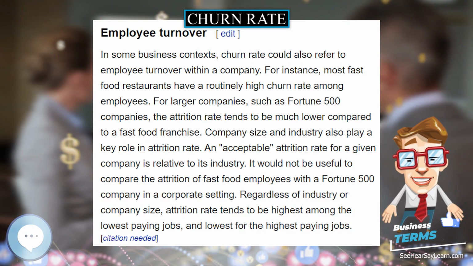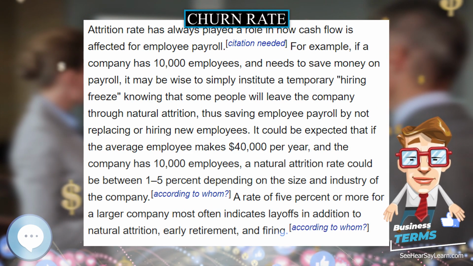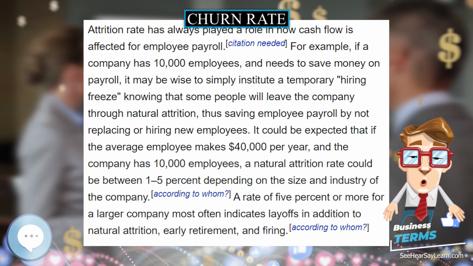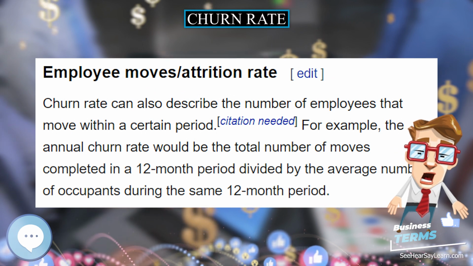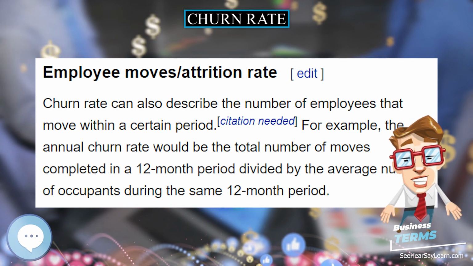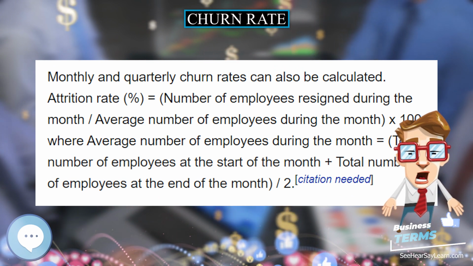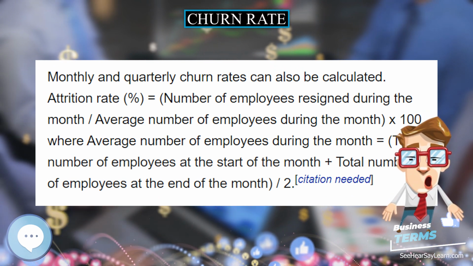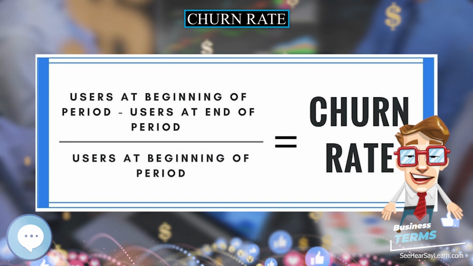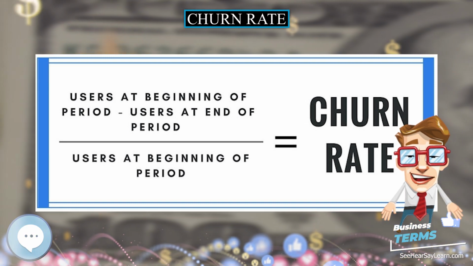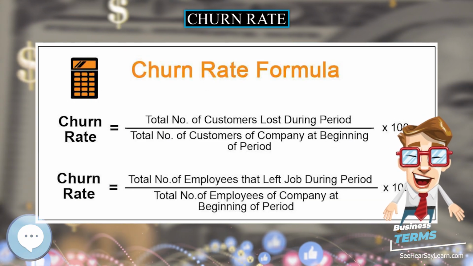Employee turnover. In some business contexts, churn rate could also refer to employee turnover within a company. For instance, most fast food restaurants have a routinely high churn rate among employees. For larger companies, such as Fortune 500 companies, the attrition rate tends to be much lower compared to a fast food franchise.